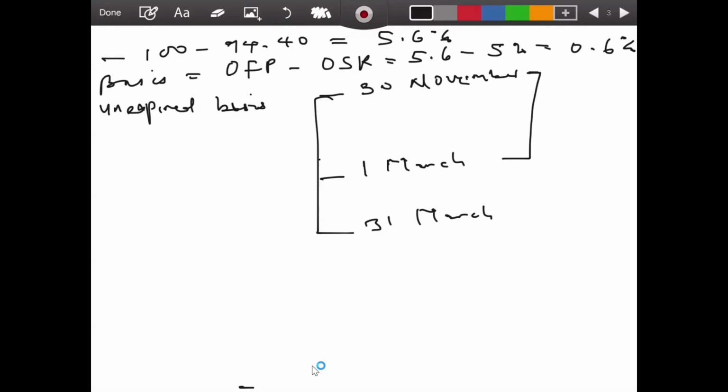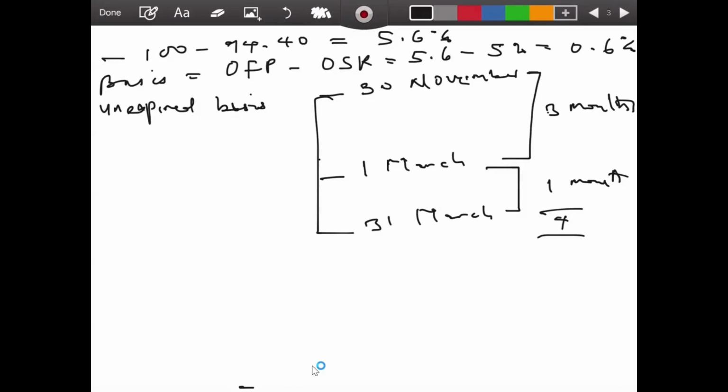That gives you 3 months. Then from 1 March to 31 March gives 1 month. In total, from today to the end of the contract will give 4 months.